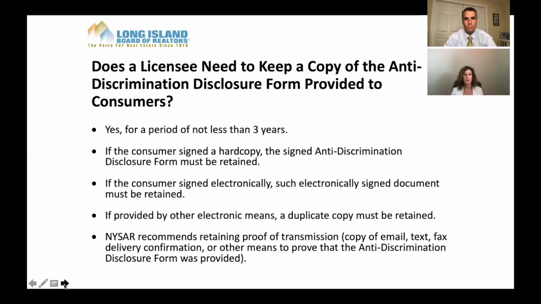If the consumer signed electronically, such electronically signed document must be retained. If provided by other electronic means, a duplicate copy must be retained. NYSAR recommends retaining proof of transmission, copy of the email, text, fax delivery confirmation, or other means to prove that the anti-discrimination disclosure form was provided.